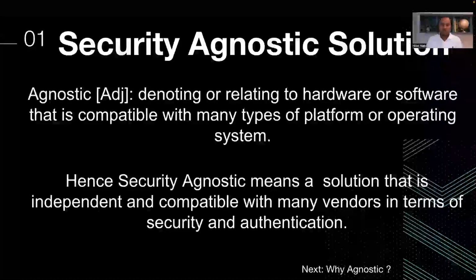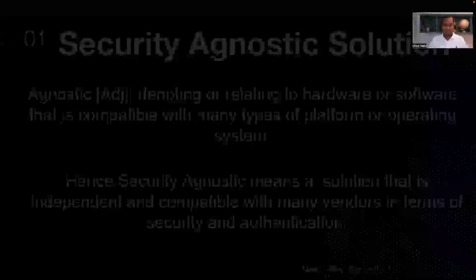So we are trying to make a generic security solution that is usable in many places. That's the idea. Probably it will not really be agnostic. Maybe it could be native.